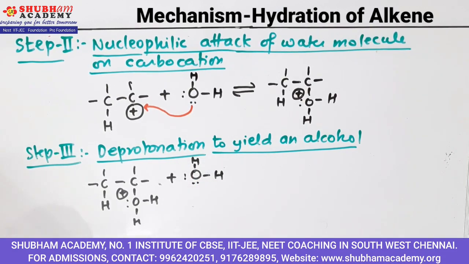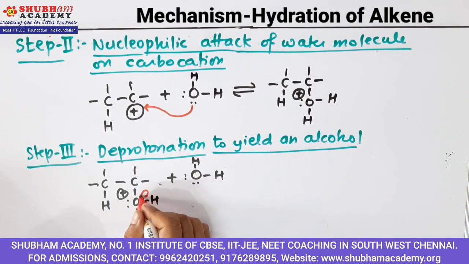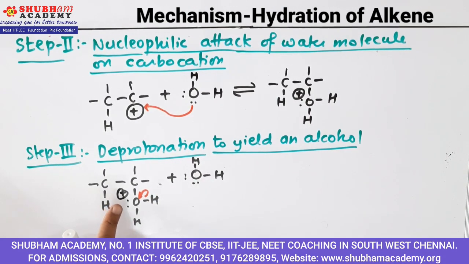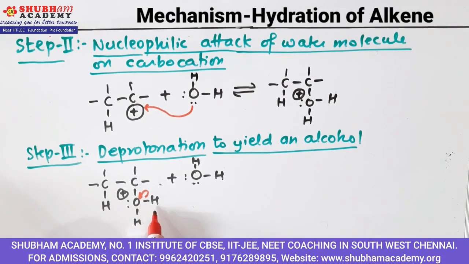right? So what happens, this bond breaks in this direction, since oxygen is having a positive charge, so its electronegativity is very high. So what it will do, it will pull the electron of this hydrogen, which will come out as H plus.